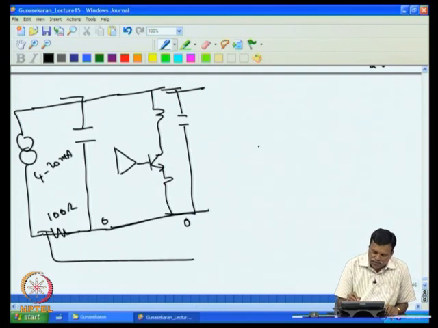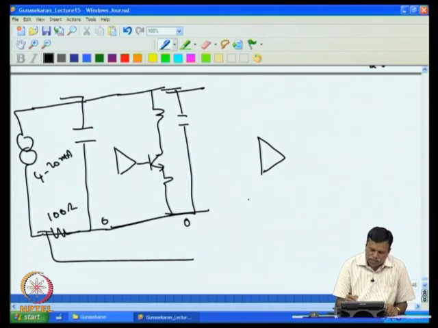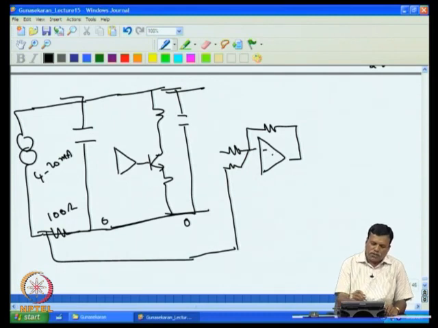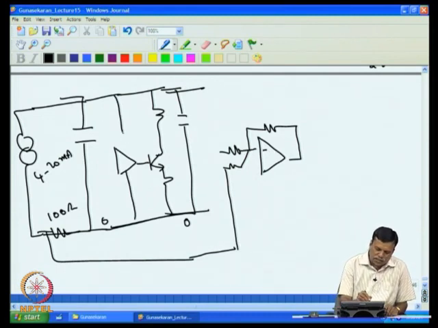First we convert this into positive voltage by applying this one to the minus terminal. So we can do this, then I can have this voltage, and I can add this to this minus voltage, because the op-amp is working only on a single supply, because we don't have the dual supply.